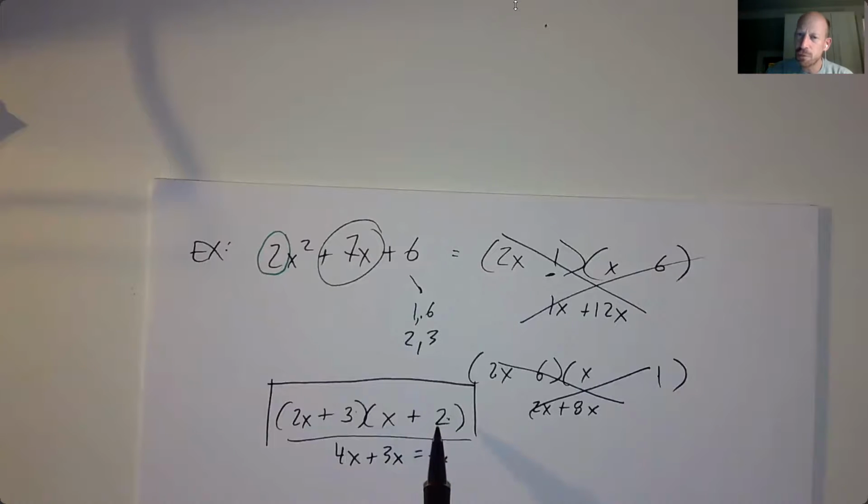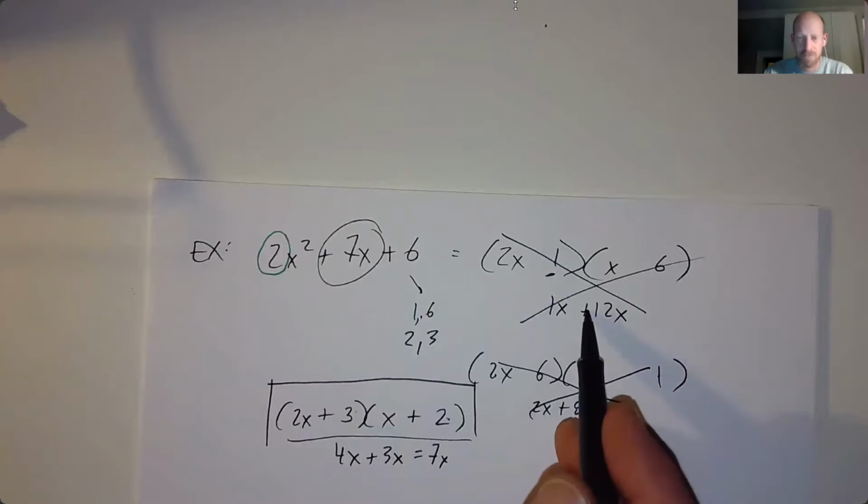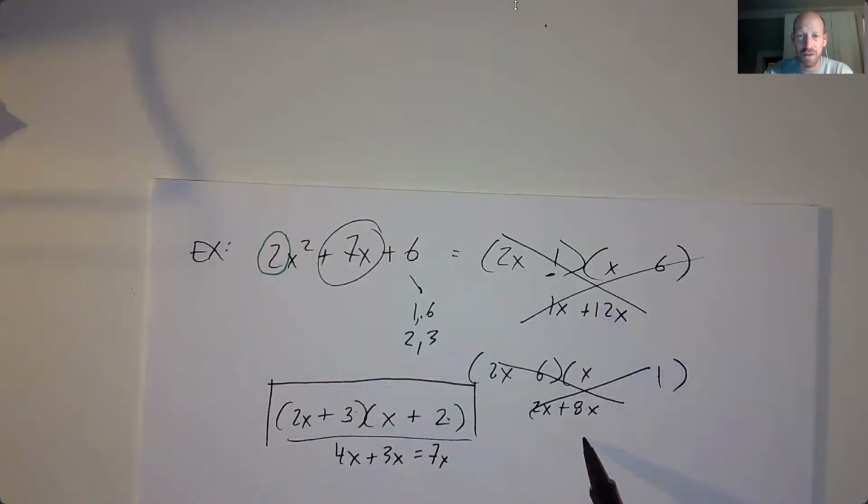Because before, I put the numbers in, and in the beginning, you may not be able to guess what's going to happen, and you just have to put the numbers in and see what happens, right? And that's totally fine. But as you do a couple of these, you're going to start to get a feel for how it goes. And so I was anticipating what's going to happen when I FOIL these out.